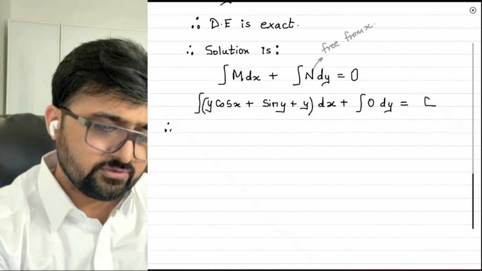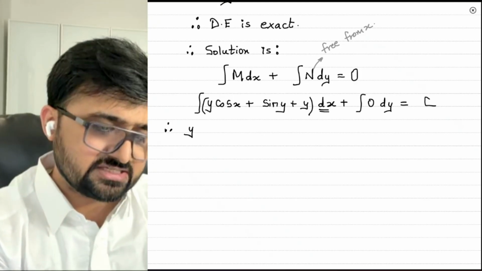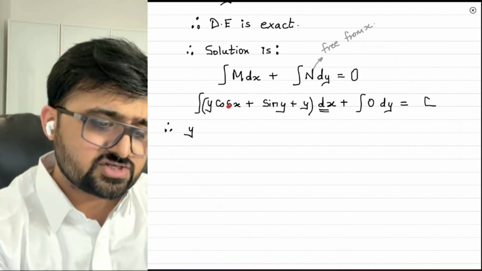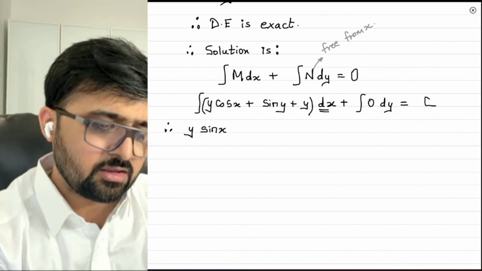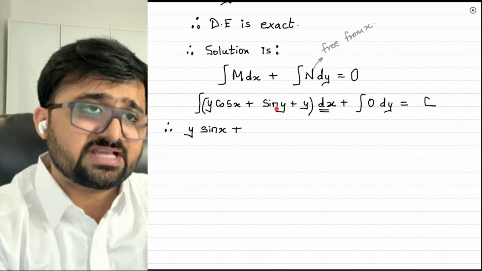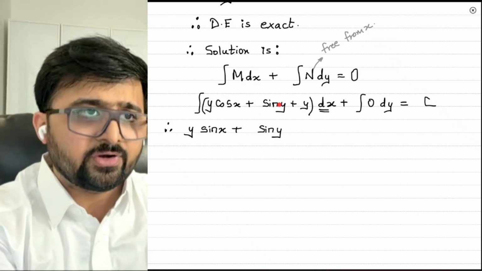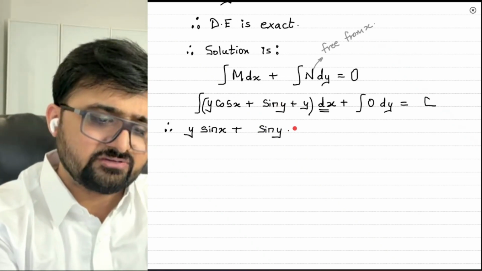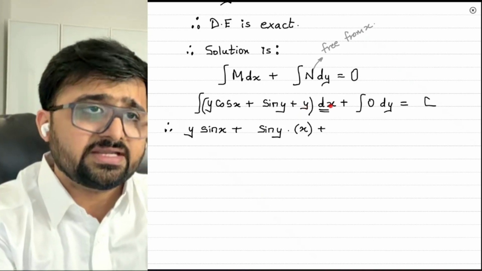Now, we are integrating here, remember, with respect to x, so y is constant. So you can just write y. Integration of cos x with respect to x is sin x, plus integration of sin y with respect to x. Remember, sin y is constant. Whatever is left is 1, so integration of 1 with respect to x is x, plus integration of y with respect to x.